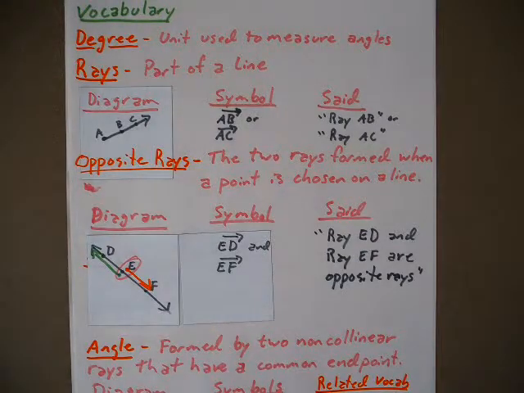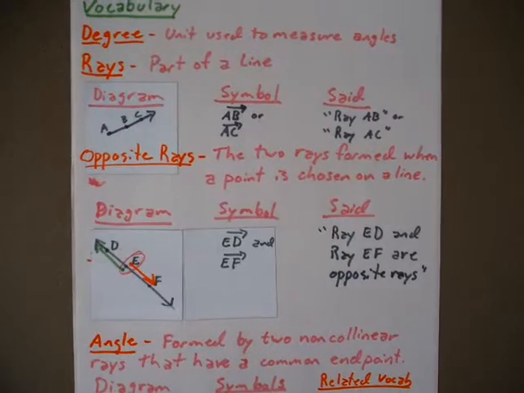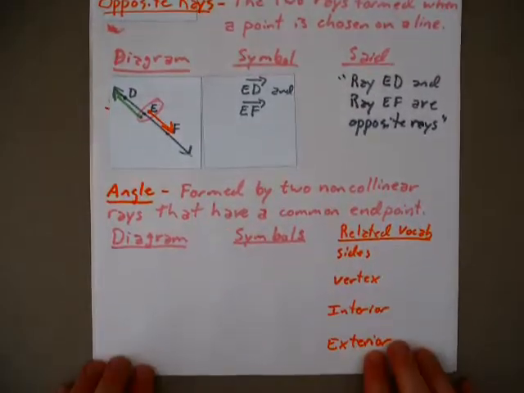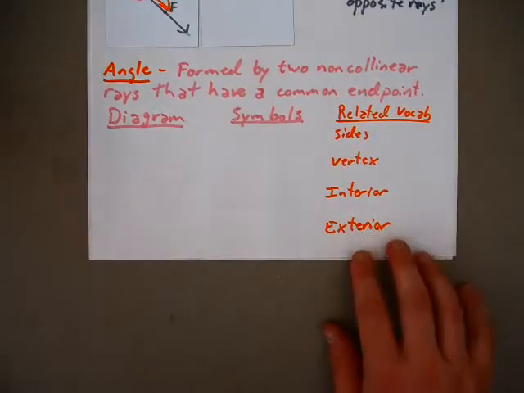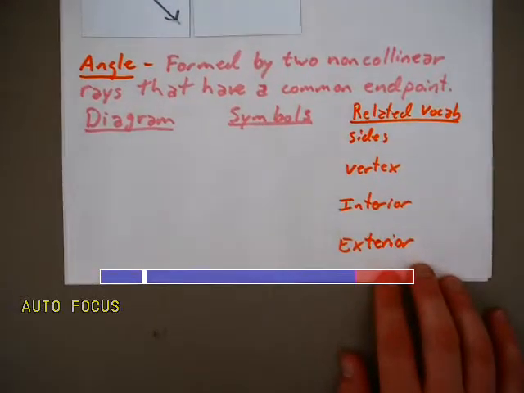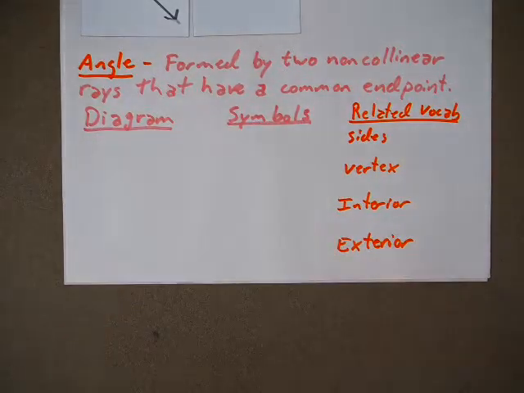And again, opposite rays just form a line. Okay, so what this all brings us to is what we really want to spend the most time on, and that is angles. Now you should be fairly familiar with angles from some of your previous classwork, but let's talk about what an angle is.